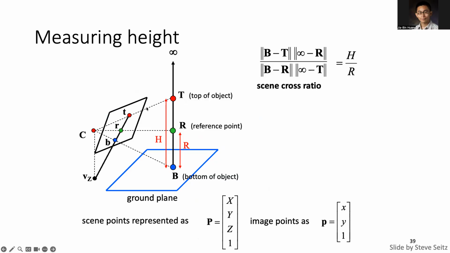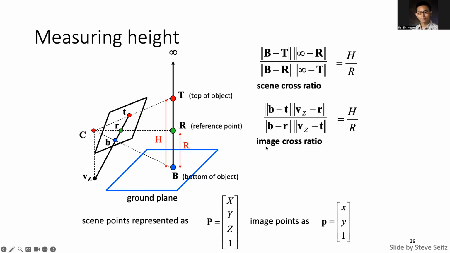These 4 points project into T, R, B, and the vanishing point of the up, right? Vanishing point. So this ratio should be the same. Okay, you can use the image cross ratio, and this guy is the same. So with this, we are able to recover the height of the objects.